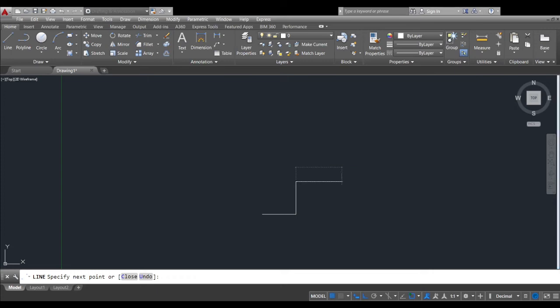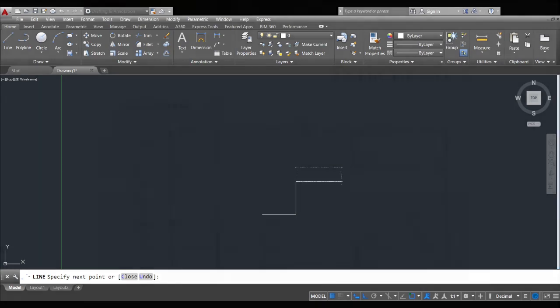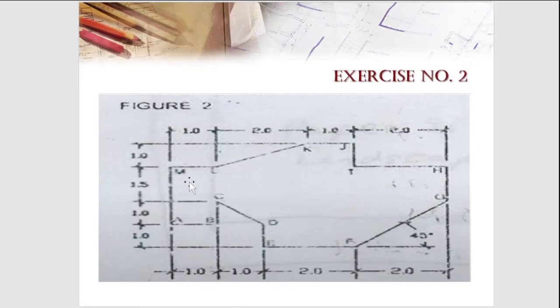Next is point D. So we can see from the figure that the point B goes to the right 1 unit and downward by 1 unit.